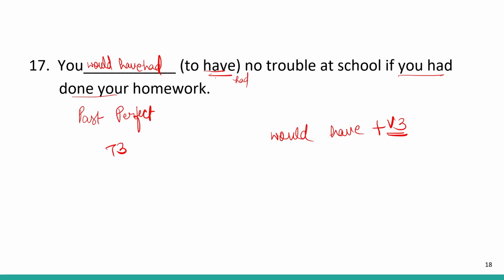Here, have, had, both can come together. Have is the requirement of the helping verb. Had is the requirement of the main verb. That is why here we can see have and had together.